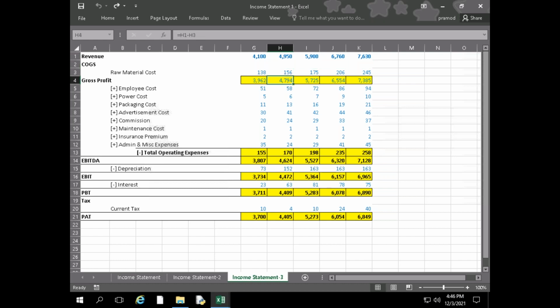So my COGS, like sorry, gross profit would be 3,962, 4,794, 5,725, 6,554, 7,385. Is everything the same? Yes, sir. Sir, how much percentage was the increase, sir?